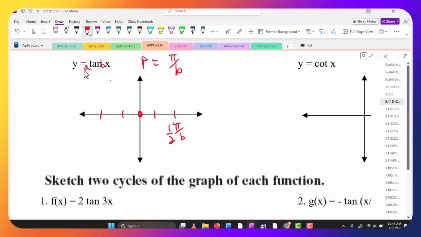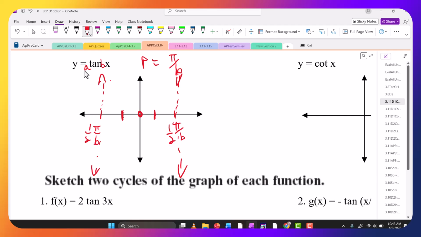But this mark right here is half of that. Half the period to the right, asymptote, and then half the period to the left, asymptote. And the period is pi over b. So we'll deal with those fractions here in a moment, and then I'll hold off on finding this one. This is 1/4 of the period, but we'll just take half of that value and mark that.